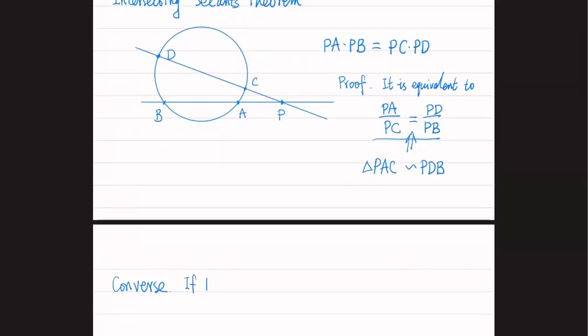You could say if PA times PB equals PC times PD, then AB and CD are secants of the same circle.